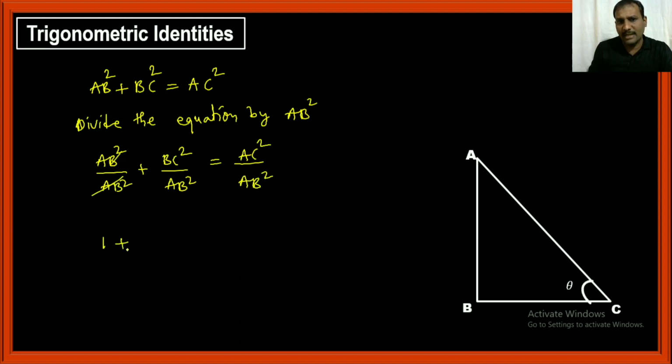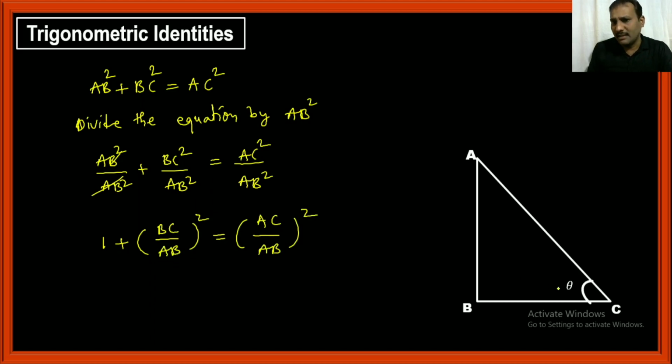1 is remaining. 1 plus BC by AB whole square is equal to AC by AB whole square. What is BC by AB? BC is adjacent side, AB is opposite side. So adjacent by opposite is cot.